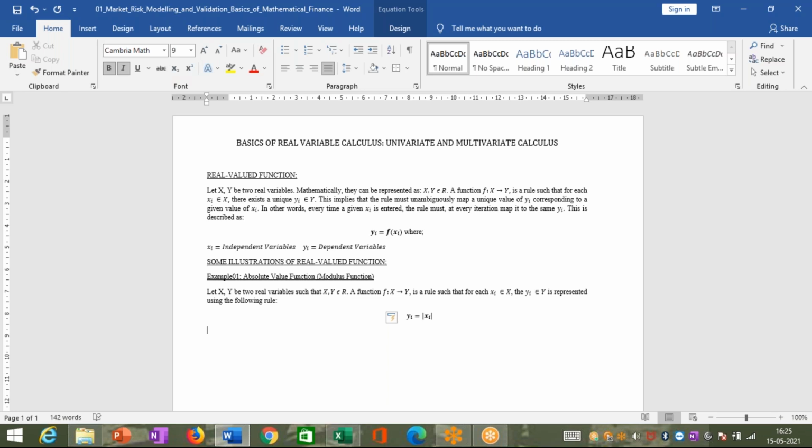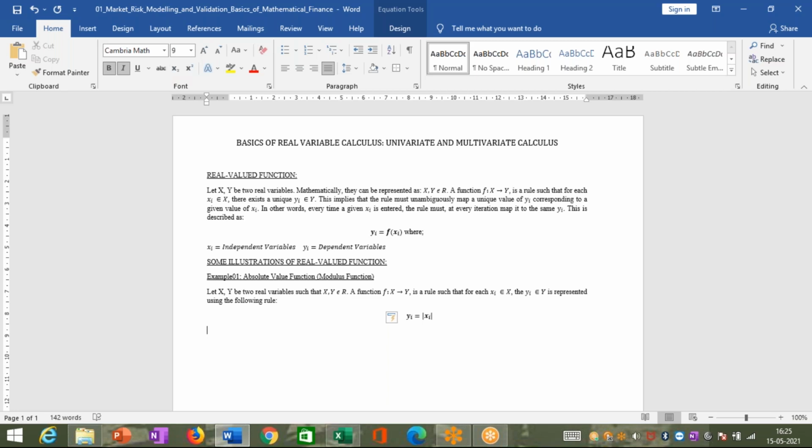This function is extensively used, especially when you are trying to capture proportional changes or the rate of change. All you want to understand is the rate at which your variables are changing, but you are not interested in the directionality of the change. So that way, this function becomes a very useful function.